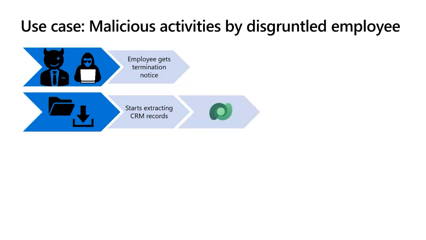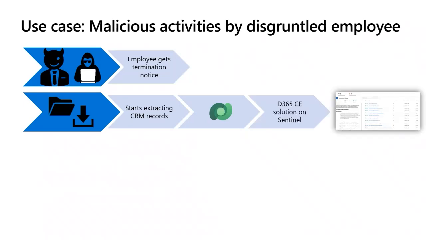Because he could try to sell customer information or information on leads and deals to a competitor. Anyways, we don't need to worry about this scenario because here comes the dynamic CE protection solution in Sentinel. I will stop here with the explanation of this scenario because I don't want to spoil Yossi's demo of the use case too much, since he will go into detail on the solution and the resolution.